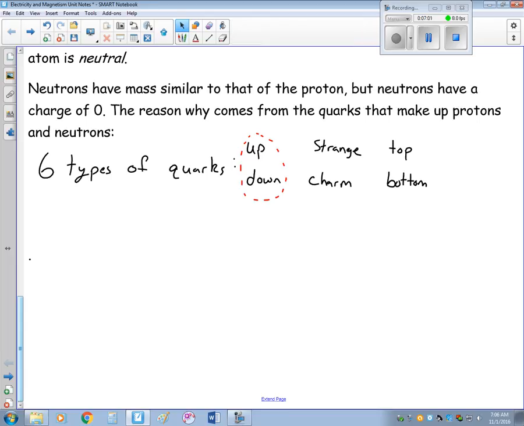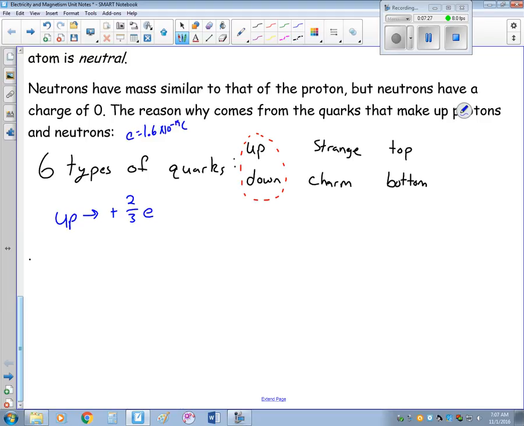Those are the quarks that make up protons and neutrons. So the up quark has a charge of positive 2/3 the elementary charge. And the elementary charge is 1.6 times 10 to the negative 19th coulombs.